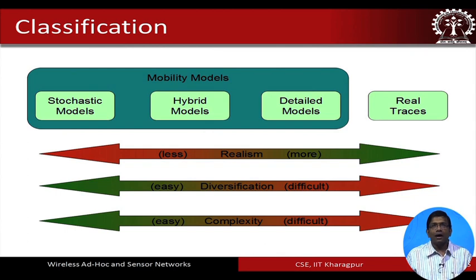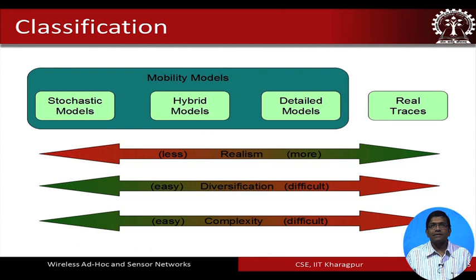On the other extremity, the real traces obviously are more realistic, because they have been captured from the real movement of nodes in an actual setting. In terms of diversification, the stochastic models are the easiest to diversify, then come the hybrid models, and the most difficult to diversify are the detailed models.